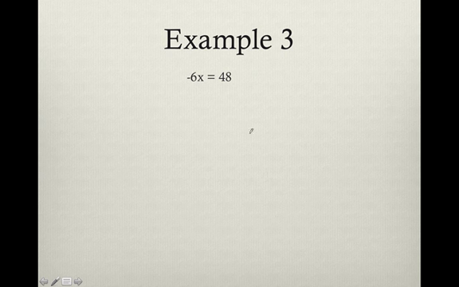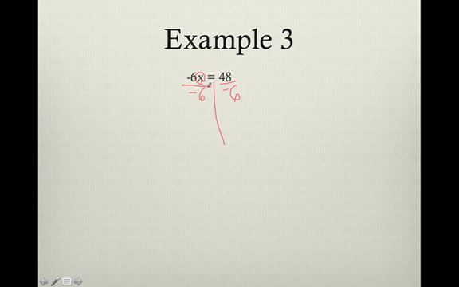In this example, here's my x, but attached to its hip is a negative 6. This is multiplication. This means negative 6 times x. Well, the opposite of multiplying by a negative 6 is dividing by a negative 6. Now, in this example, the inverse operation is the division.